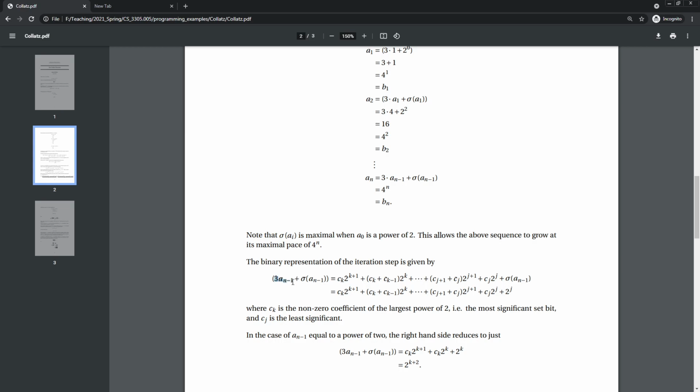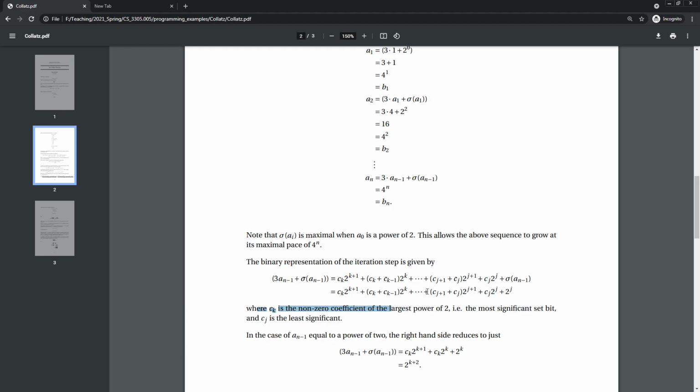But we multiply it by 3, so we end up with one of these, and then everywhere else, except for that final term, we're adding adjacent values, essentially. This might be easier. Well, we'll just run through it.